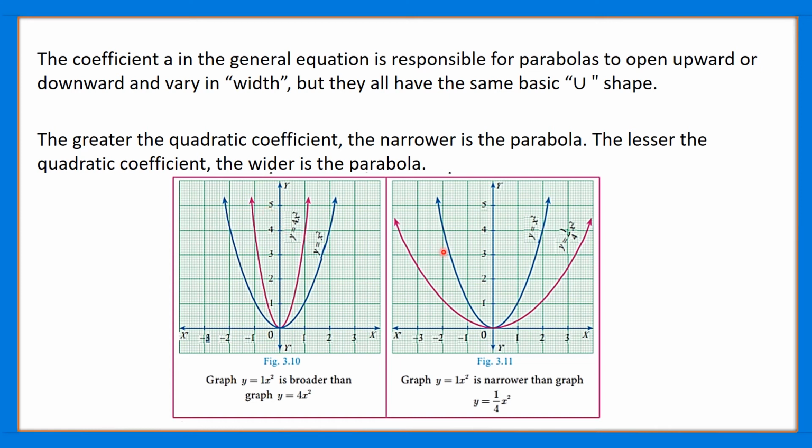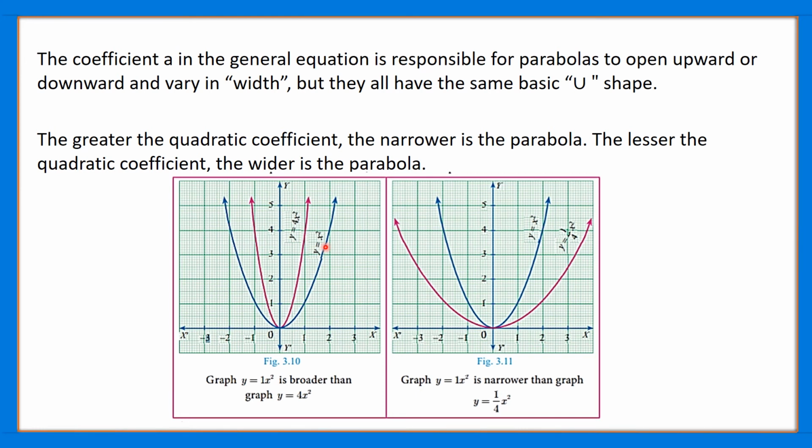If you look at the graphs given in figures 3.10 and 3.11, the function y = 4x² is somewhat narrow when compared to the parabola given by the function y = x².